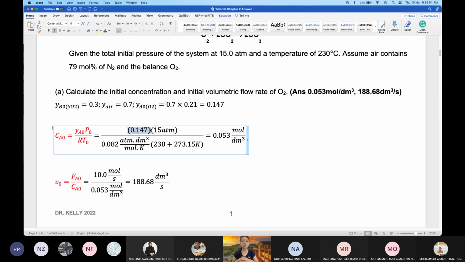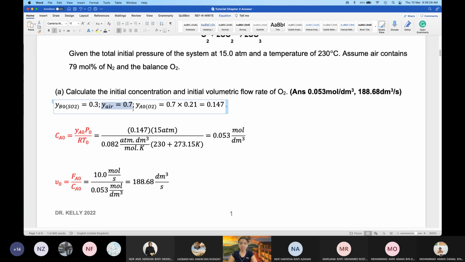So bila kita nak kira mole fraction oxygen gas, which is YA0, kita kena kira berapa fraction dia terhadap keseluruhan sistem which include the SO2. So how do we calculate this? Okay, so first of all, you know SO2 punya mole fraction 0.3, 30%. Therefore, air punya mole fraction 0.7, 70%.